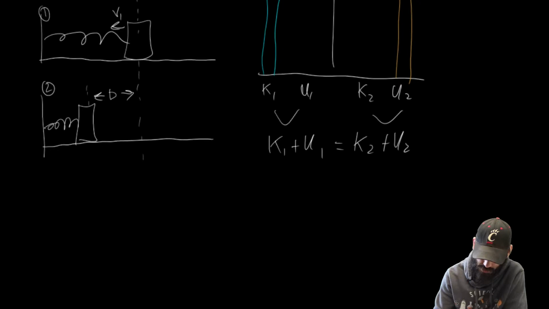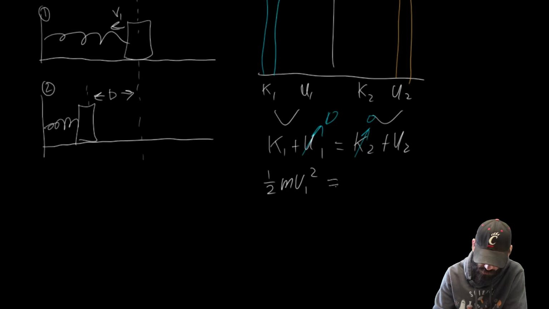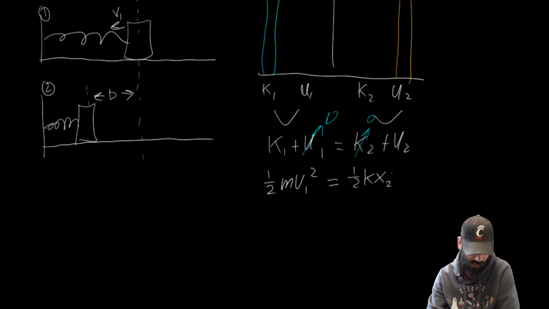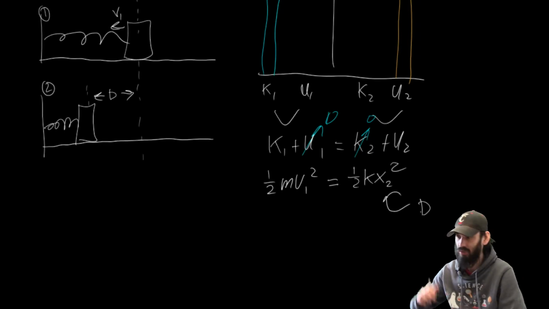And then here, U1 is 0, K2 is 0, so 1/2 mv1 squared is going to be equal to 1/2 k x2 squared. We'll leave it like that for now, but this is really this unknown distance I'm calling d that we're trying to solve for.